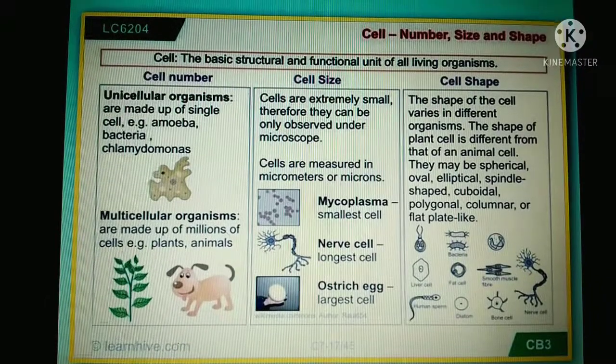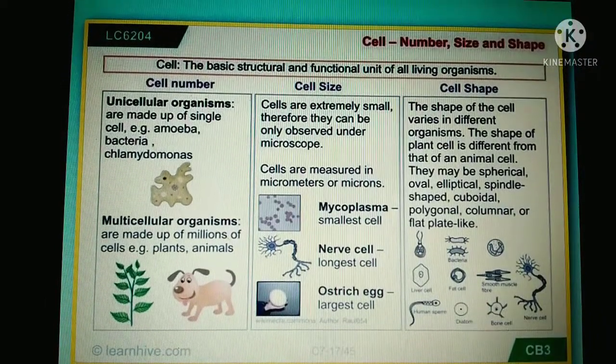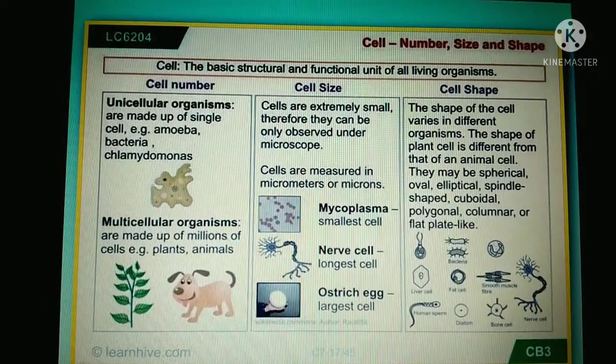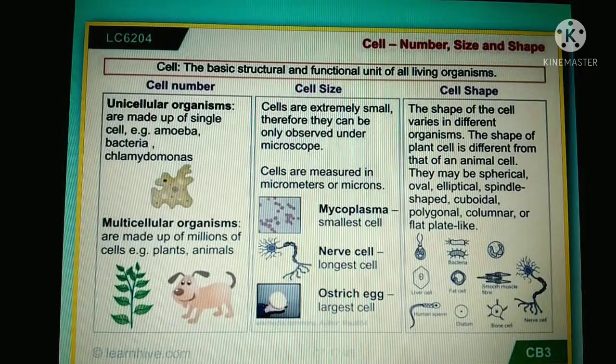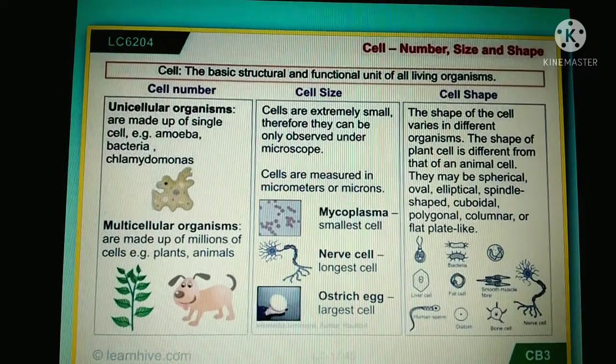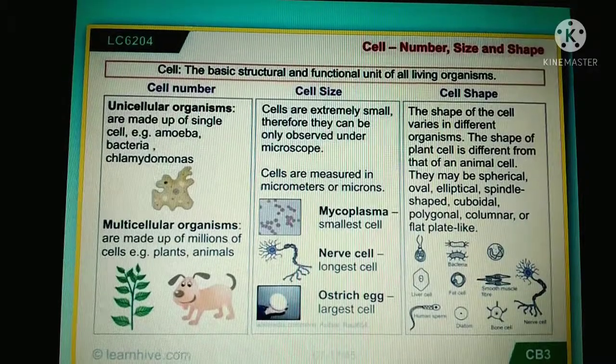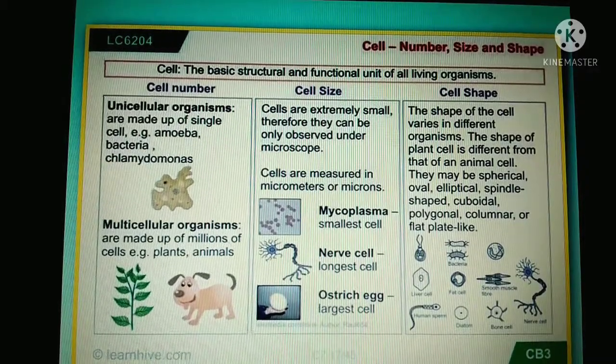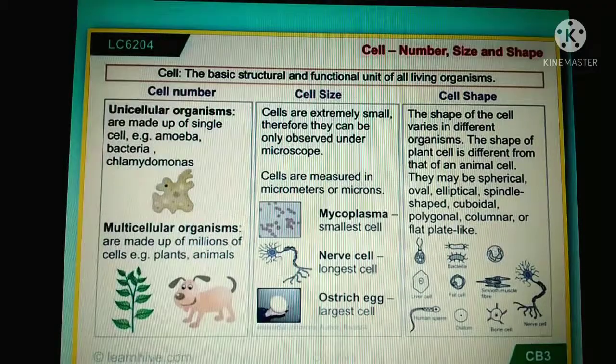As we know, the cell is the basic unit of life, so all organisms are made up of microscopic units called cells. Therefore, the cell is the basic structural and functional unit of an organism.